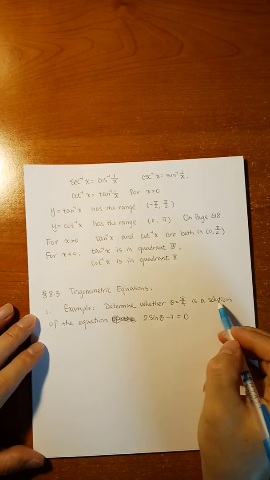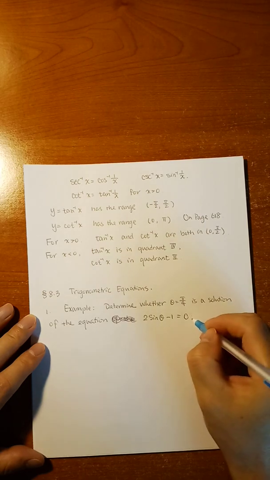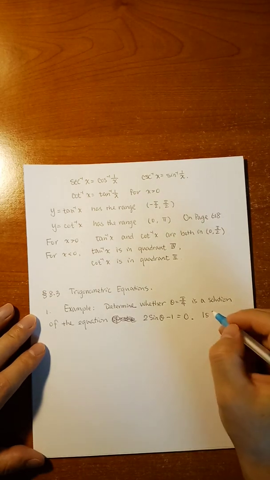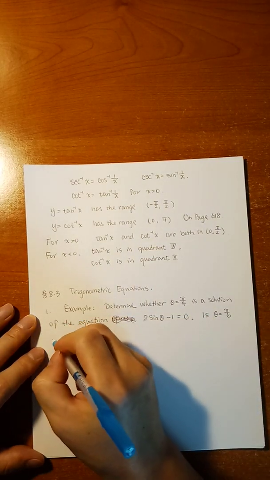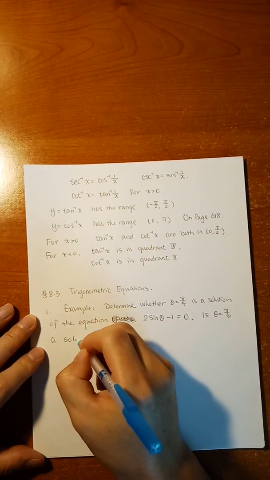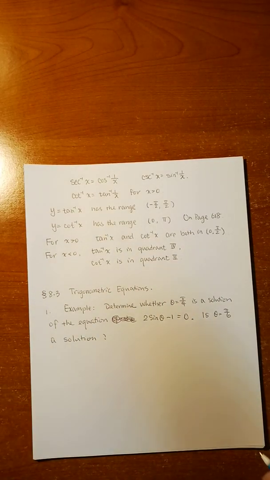Determine whether this angle is a solution of the equation 2 sin θ − 1 = 0. Is θ equal to π/6 a solution? So this is the second question.